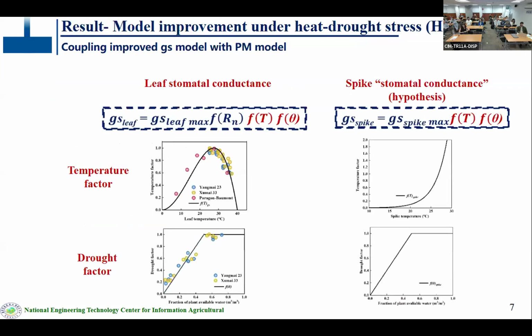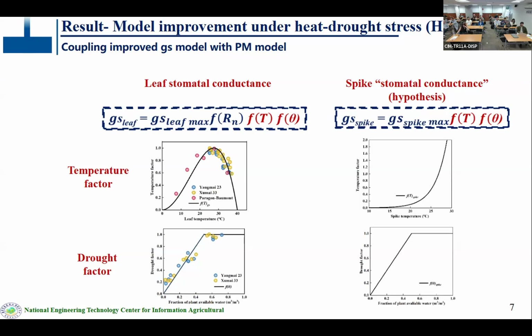Secondly, after we get the new algorithm, we have to improve the GS and the ET model. Here we use the Jarvis JS model to simulate the thermal conductance and the Penman-Monteith model to simulate the ET. But both the GS and the ET models were simulated just using the leaf parameters.